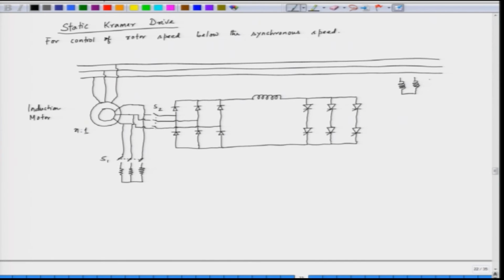We have maybe a star to star transformer that is connected to the SCR bridge. So, this is the SCR bridge, connected to the input side, the transformer, and the transformer is connected to the same AC line, 3 phase line.